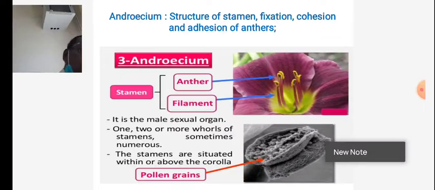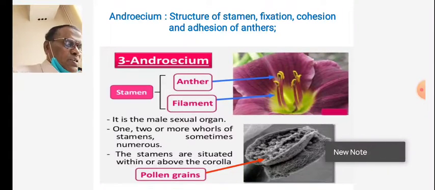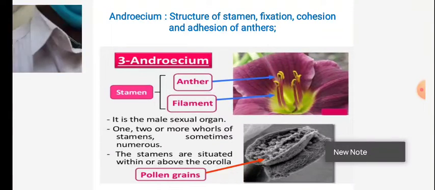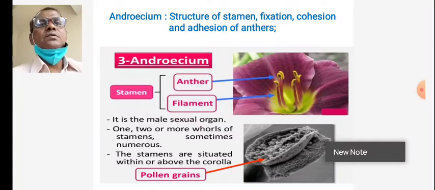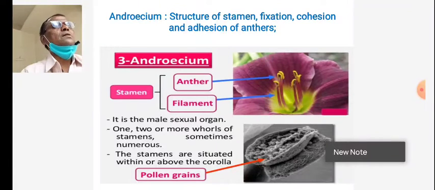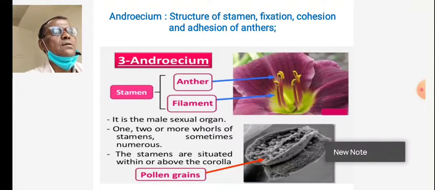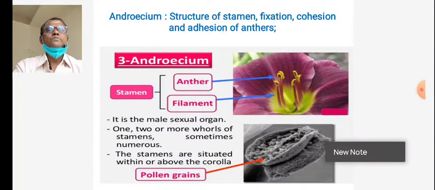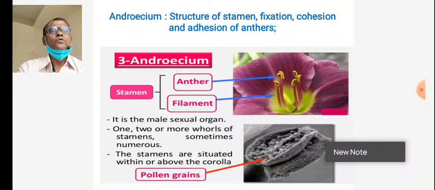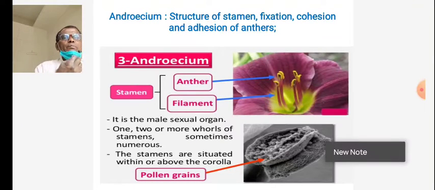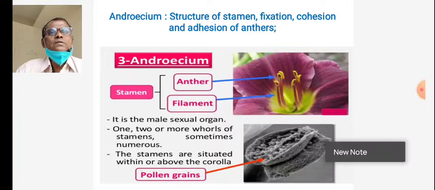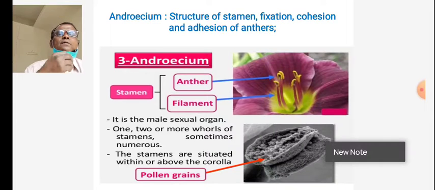So as per our study, today's stamen structure. I think all of you know that the stamen is the male reproductive organ, and in the flower there are one, two, or more whorls of stamens.